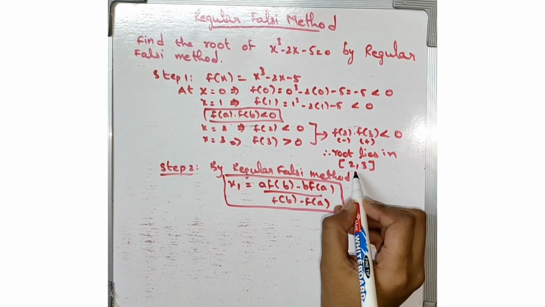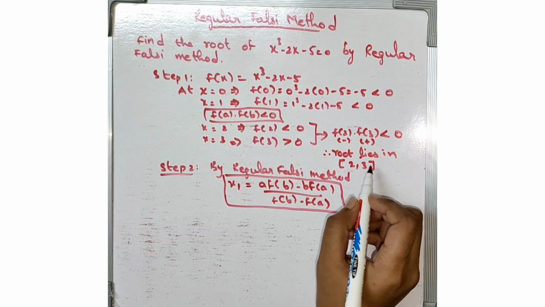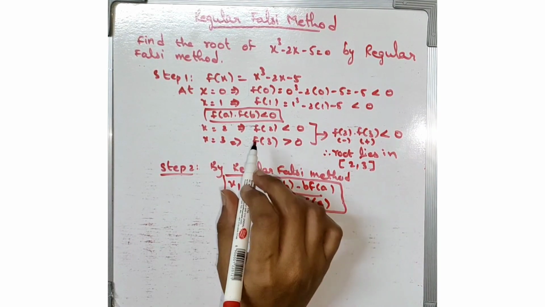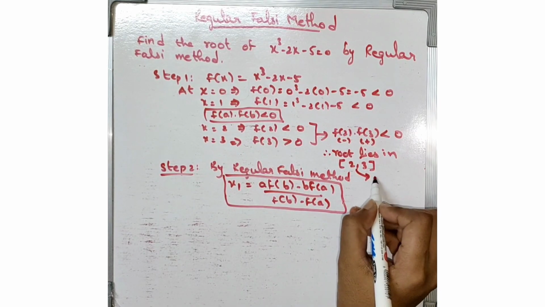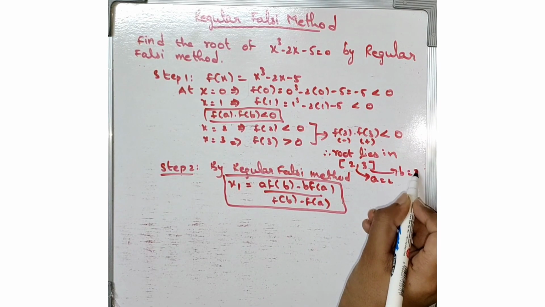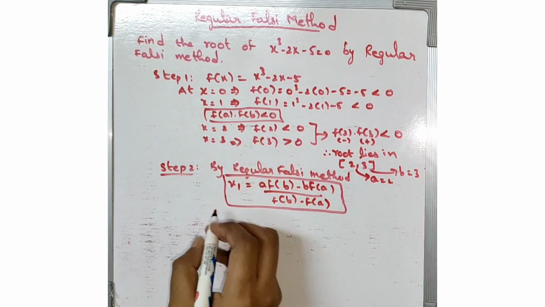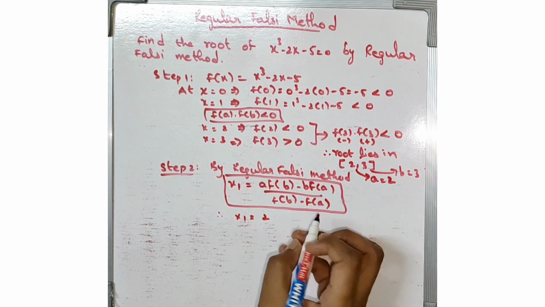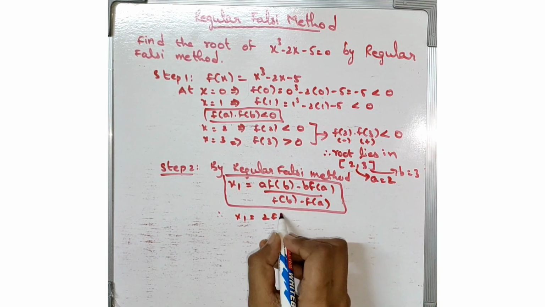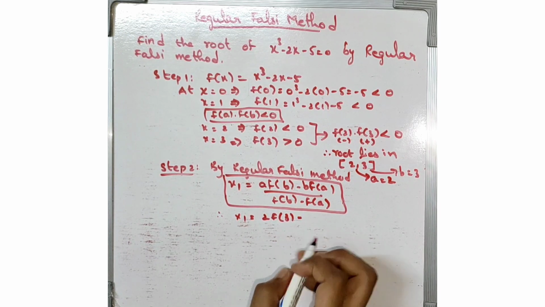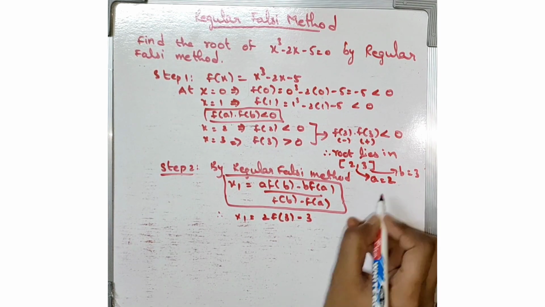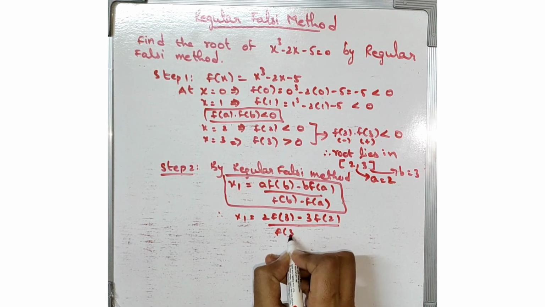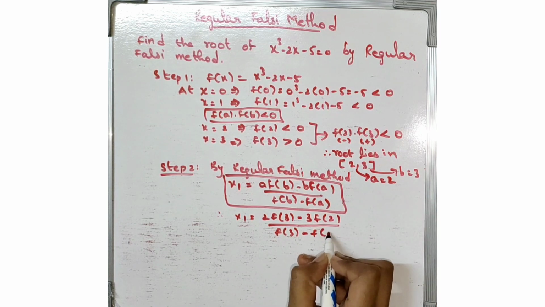What is our a? a = 2 and b = 3 from the above step. Therefore, for our first approximation, the a value is 2, f(b) is f(3) and b is 3, f(a) is f(2), divided by f(b), f(3), minus f(a), f(2).